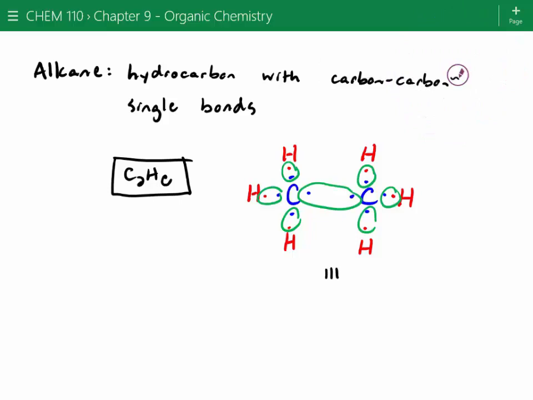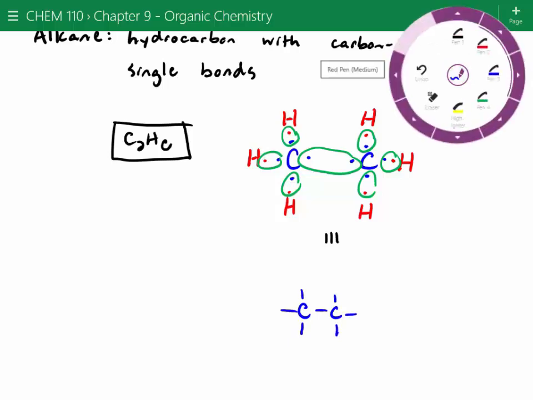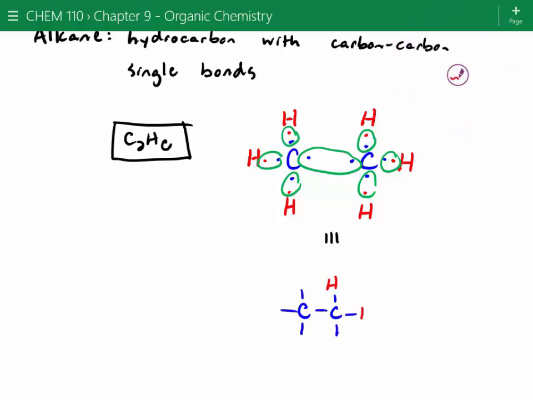So we can redraw this a little bit more clearly. And we can say, all right, carbon has this bond. And then we've got hydrogens around it. So I'm going to draw those bonding pairs just as lines.